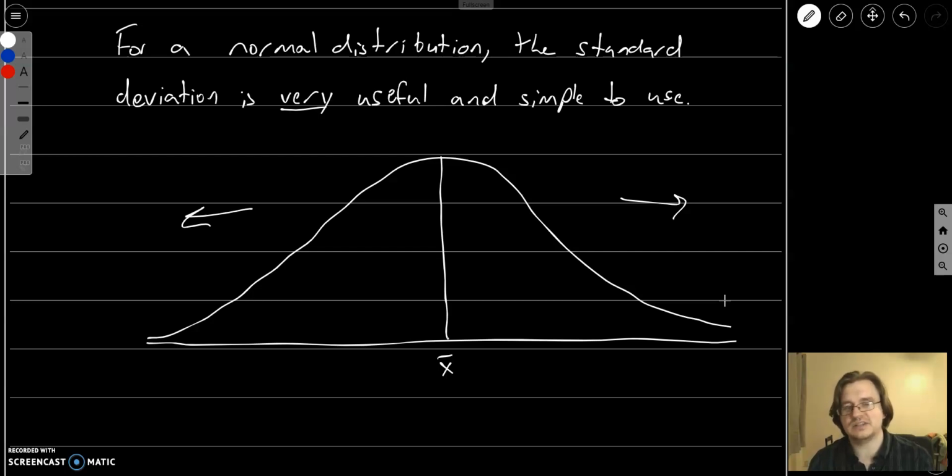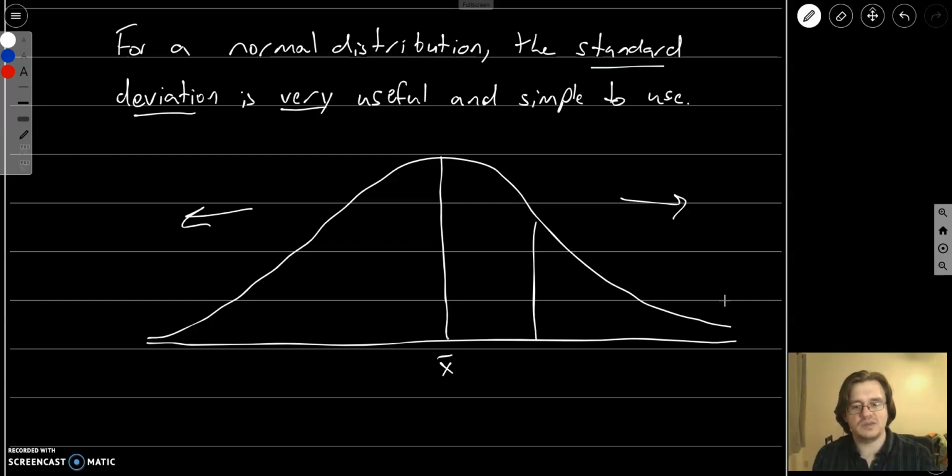Now, the question is, how many? Can we say exactly how many data values will be close to the mean as opposed to far away? What do I mean by far away? This is where the standard deviation comes in handy. We measure distance from the mean in terms of standard deviation. So how far away from the mean could we be?